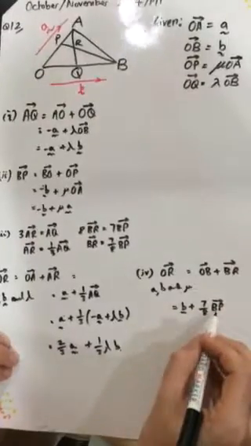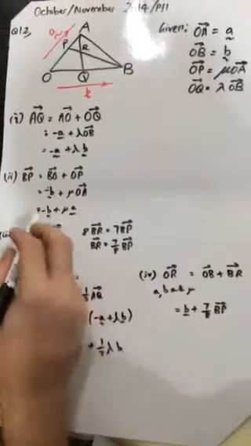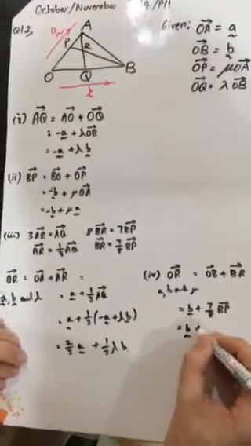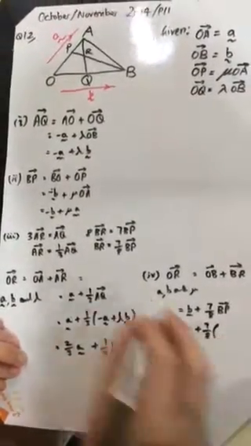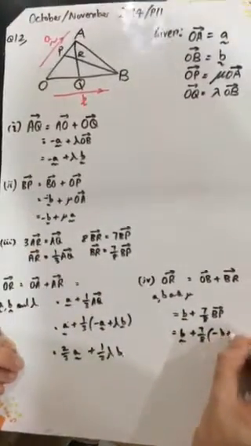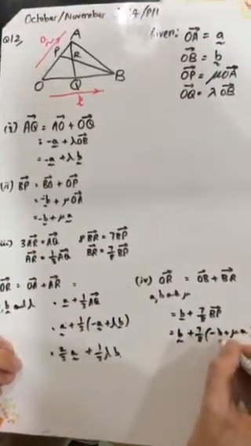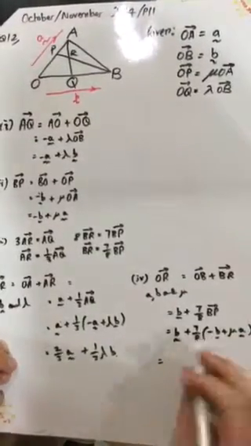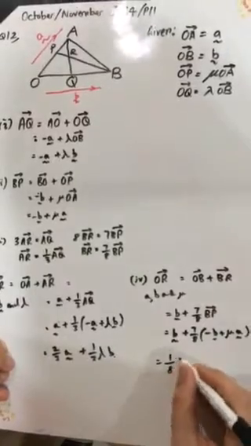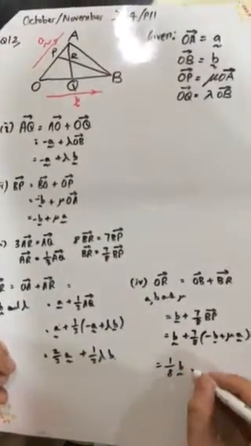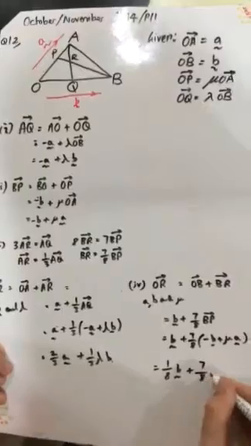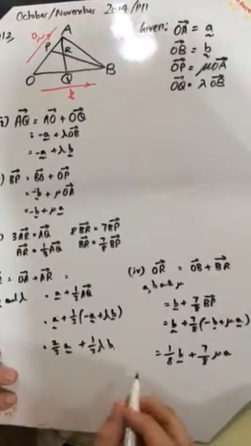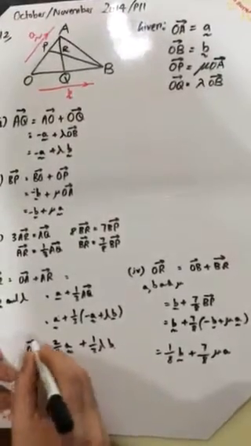Now how does that help us? That helps us because BP we worked out in part 2 of this question. So we've got B plus 7/8 of negative B plus mu A, which equals B minus 7/8 of B is 1/8 of B plus 7/8 of mu A. So there we've got our two expressions for OR.